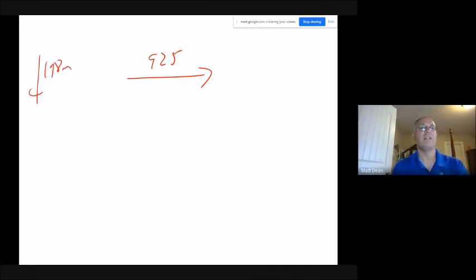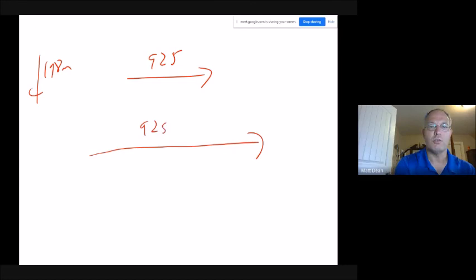So if we want to find his resultant displacement, we have to combine those two. 925 across, draw in that first vector. They're vectors, so we have to add them with vector addition. So we go to the tip of the first vector, draw in the second one, connect them, tail of first vector to tip of second, solve for r.